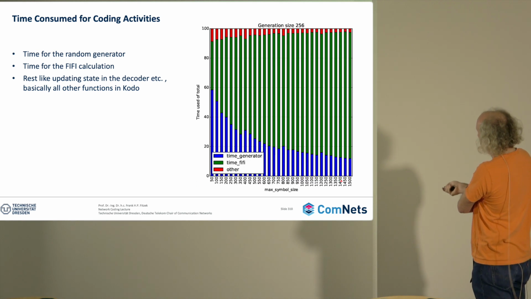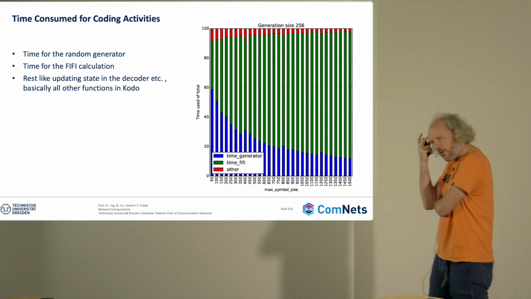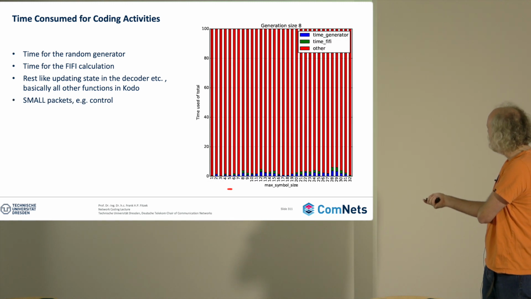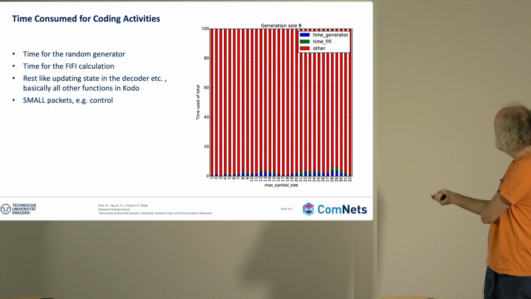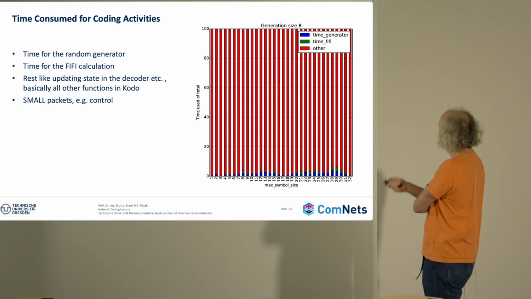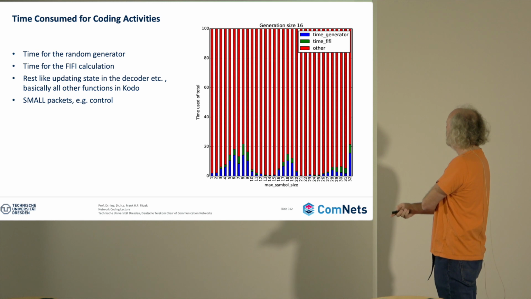This one was for big packets, right? Now, when we talk about 5G and low latency, all this control theory, they don't have big packets, right? What happens if you have very small packets? So now only some bytes, right? So we start with generation size again, and now we look at what happens.